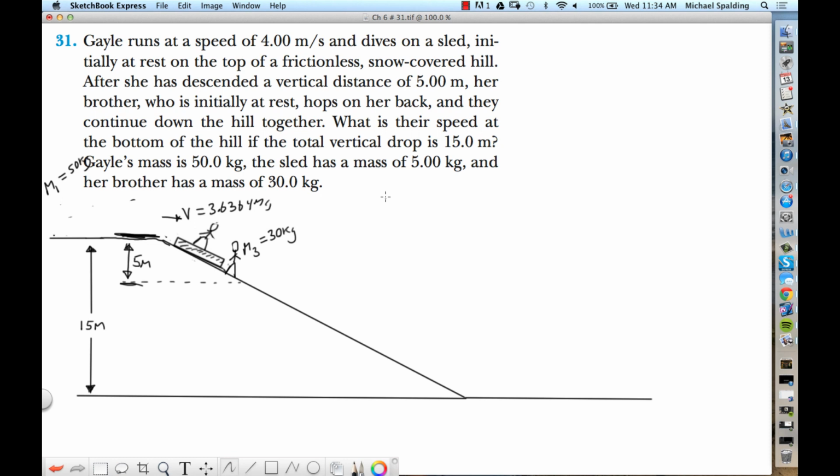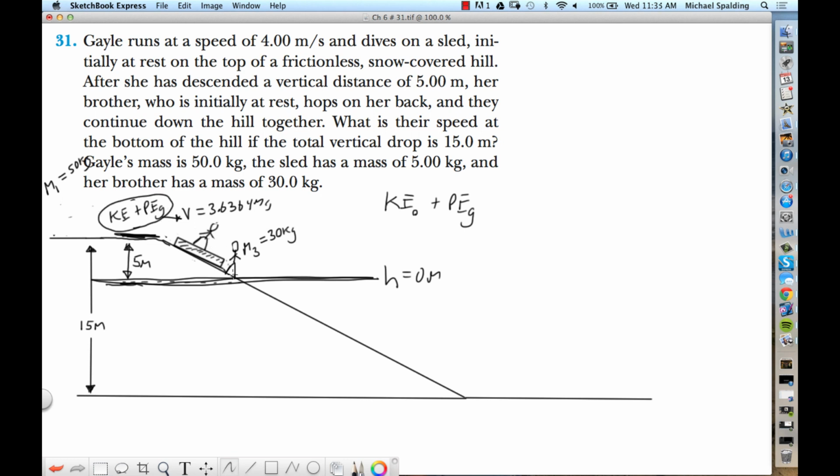At the top of the hill she has kinetic plus potential of gravity. I'm going to put the 0 point right here for this calculation. Up here she starts with kinetic because she's moving, and potential of gravity because she's above the 0 point.